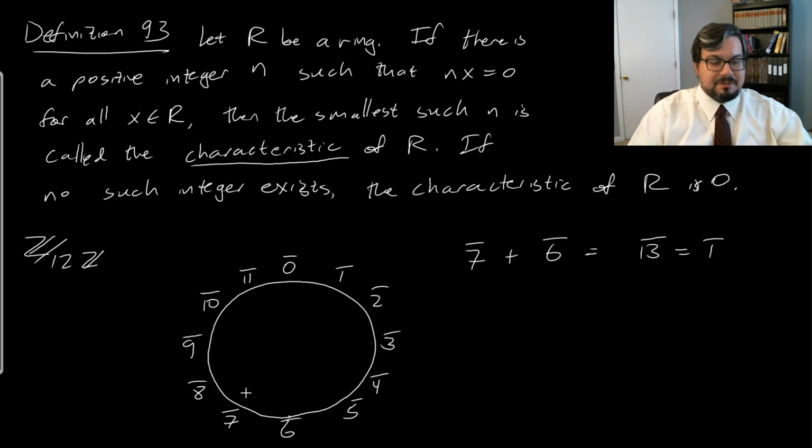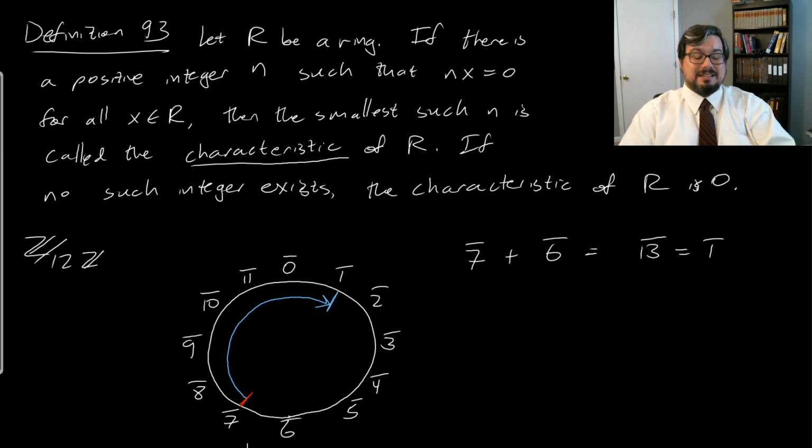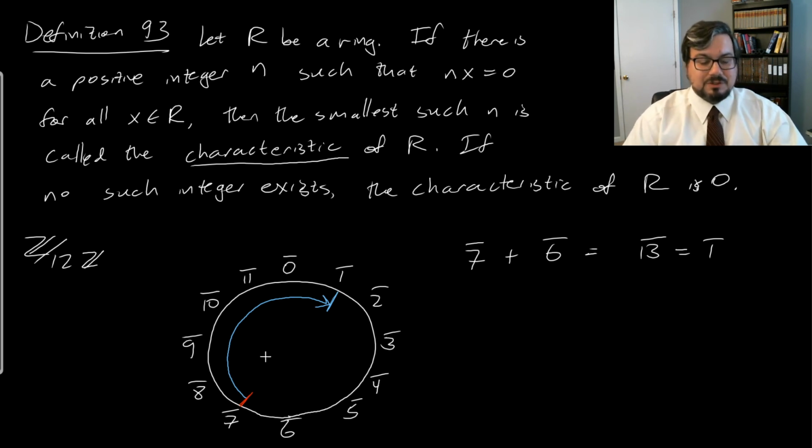And we could also think of this as starting at 7 and then moving 6 units around the circle and seeing where we end up. Or in other words, someone says, it's 7 o'clock now, what time will it be in 6 hours? The answer is 1 o'clock, because you've gone around the circle.